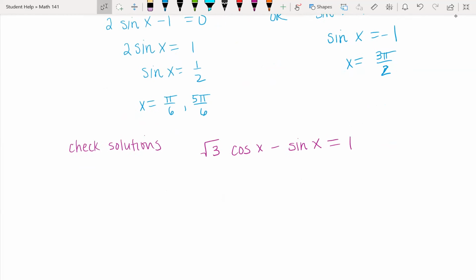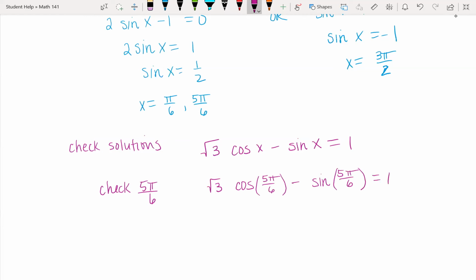So let's check 5 pi over 6. Square root of 3 times the cosine of 5 pi over 6 minus the sine of 5 pi over 6.